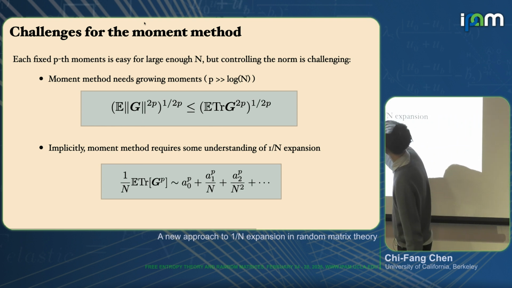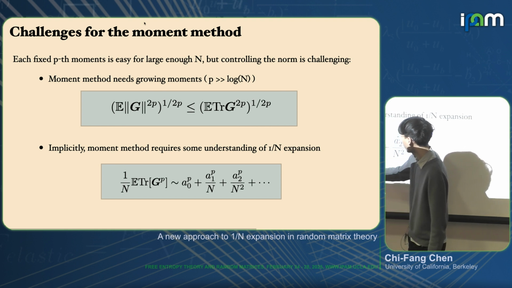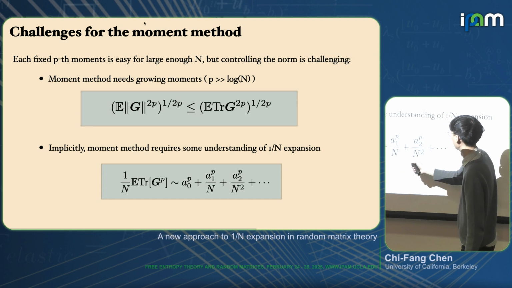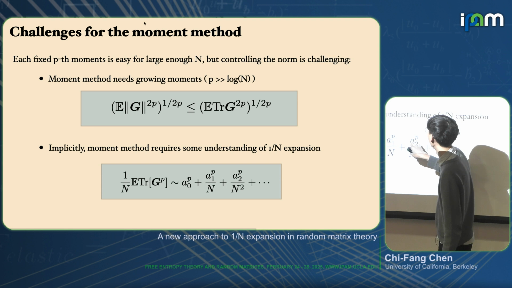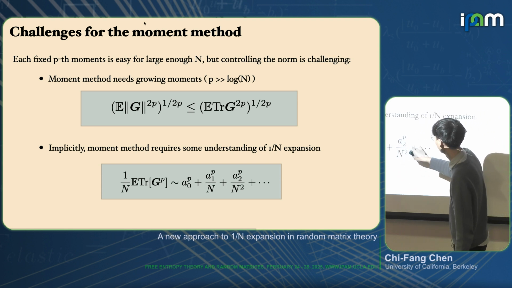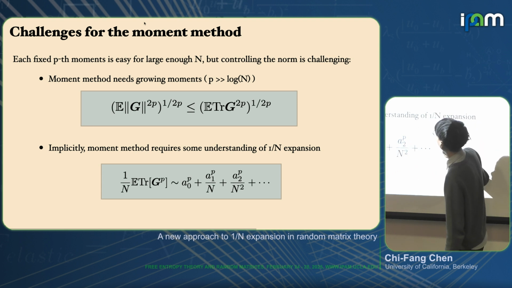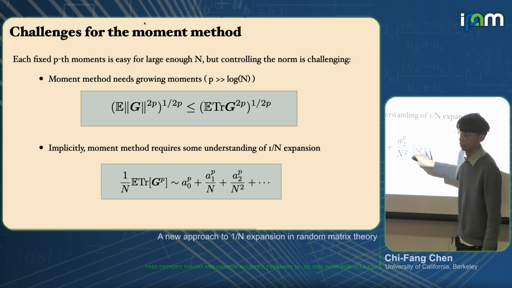Heuristically, if this is going to work, if you write down the 1 over n expansion of this property, you somehow need this exponent to be roughly the same. If there's a very high order term where this number is so much bigger, then if you apply the trace method, the bound would just be swallowed by the biggest exponent.